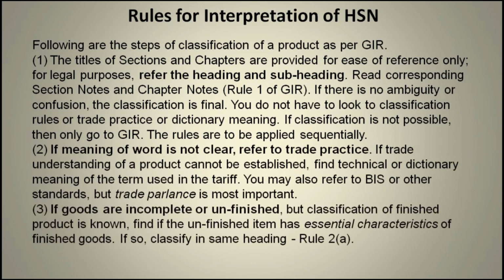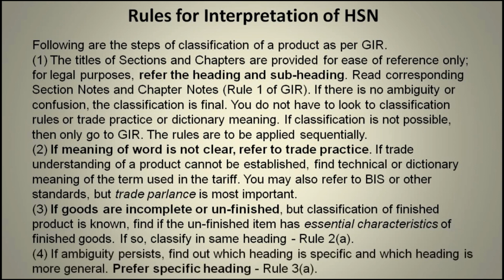If the goods are incomplete or unfinished, but the classification of the finished product is known, find if the unfinished item has the essential characteristic of the finished goods. If so, classify it in the heading as per Rule 2A. If ambiguity persists, find out which heading is specific and which heading is more general. Prefer the specific heading, Rule 3A.